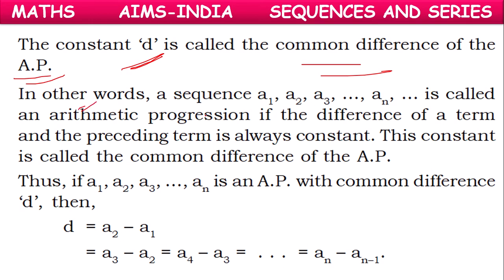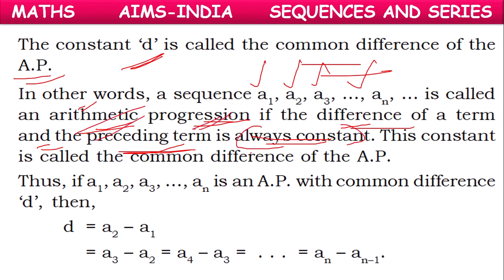In other words, a sequence A1, A2, A3, An is called an arithmetic progression if the difference of a term and the preceding term is always constant. If the difference is always constant, then it is called an arithmetic progression. So this constant is called the common difference.